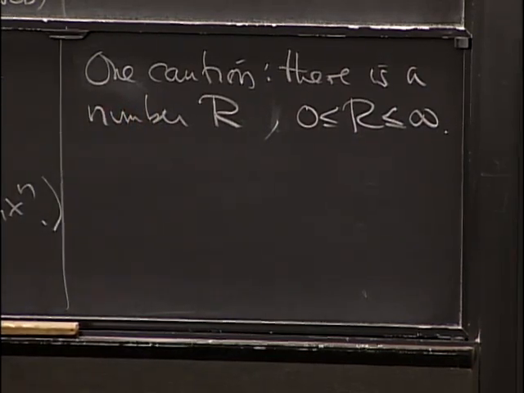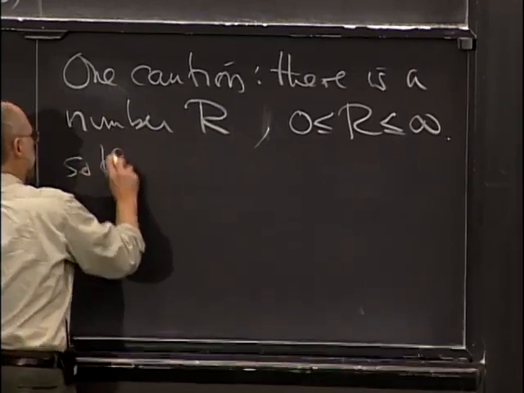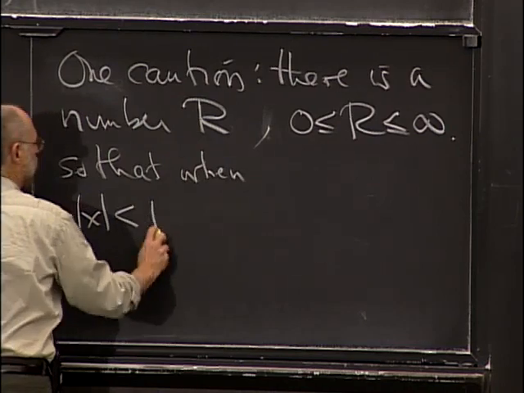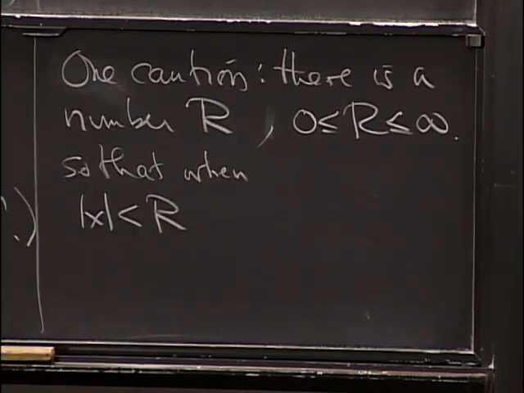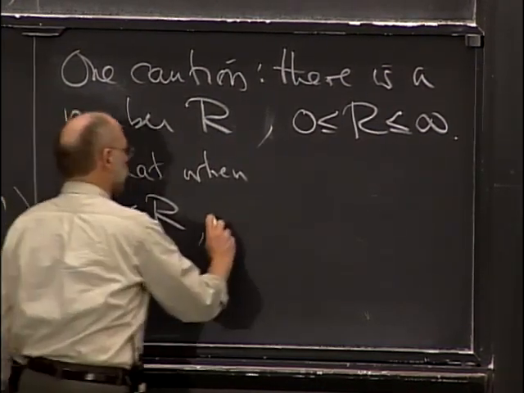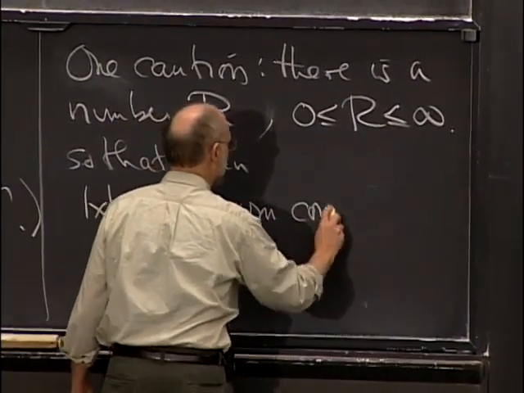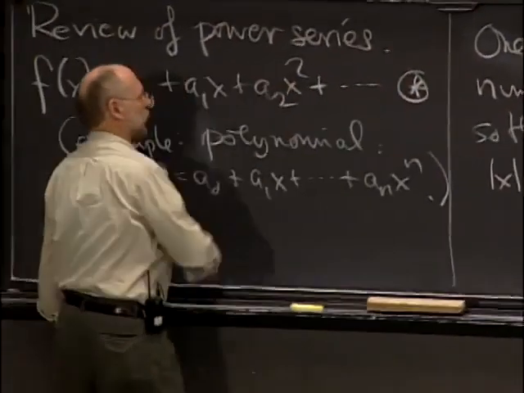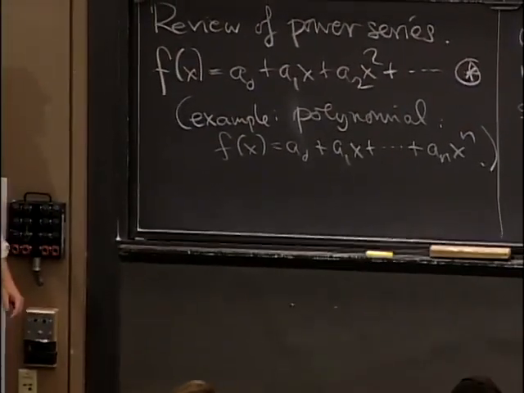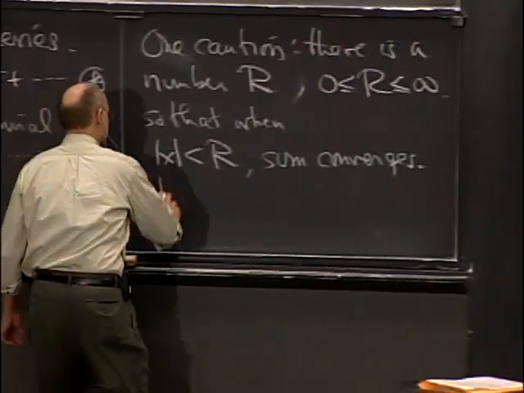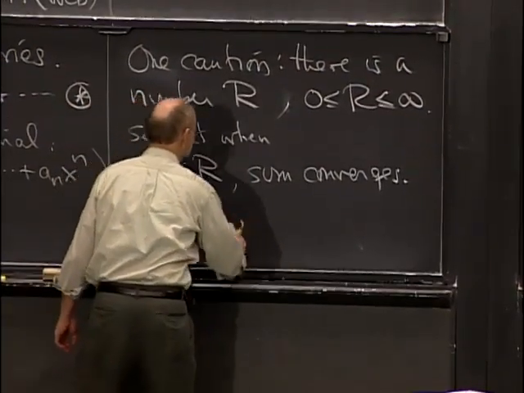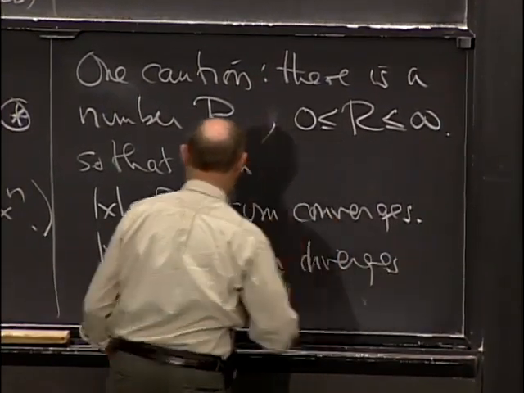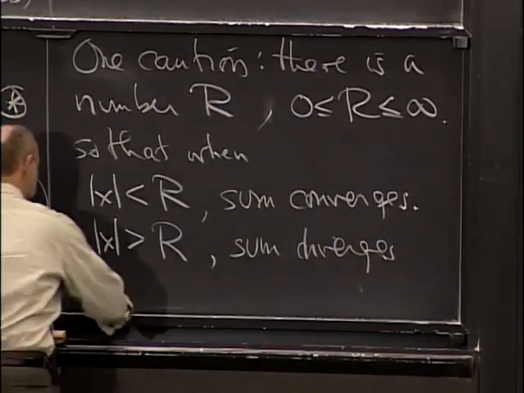It's a number between 0 and infinity inclusive, so that when the absolute value of x is less than r, so when x is smaller than r in size, the sum converges. This sum, that sum, converges to a finite value. And when x is bigger than r in absolute value, the sum diverges. This r is called the radius of convergence.